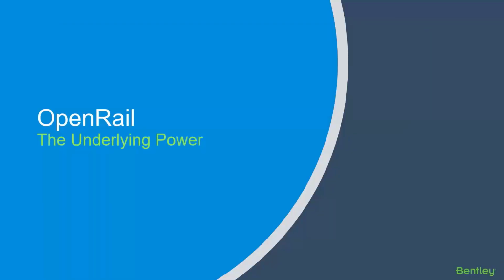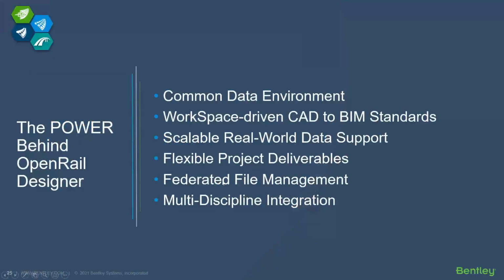Now, apart from those rail specific and user friendly tools available in OpenRail Designer, there are underlying technologies that make the solution unmatched by any other rail or even road design software in the market right now. I'll go through that very quickly in this presentation, just to give you a teaser.